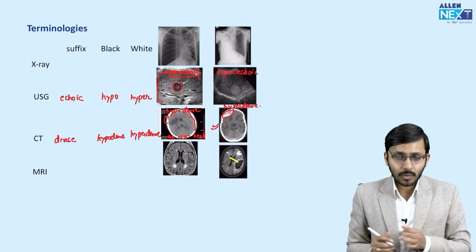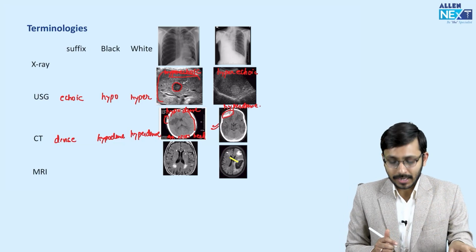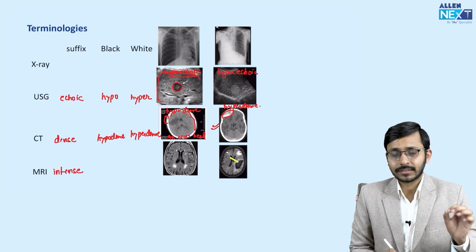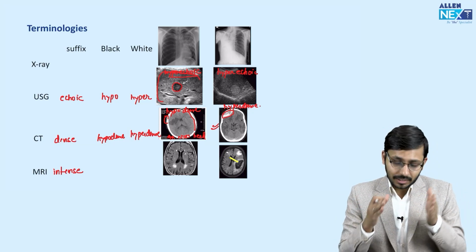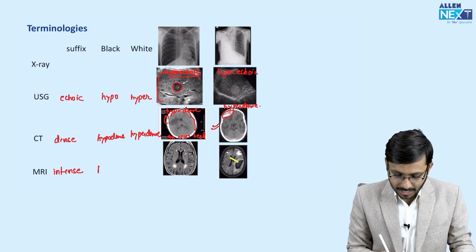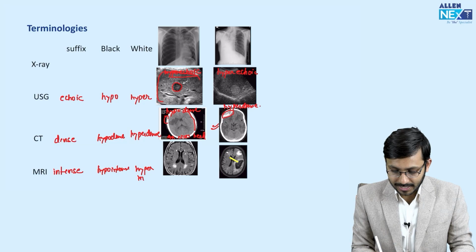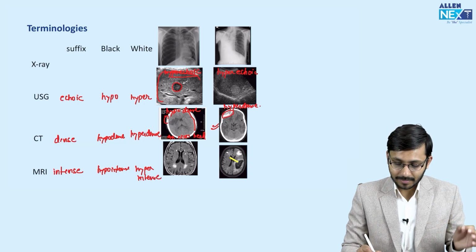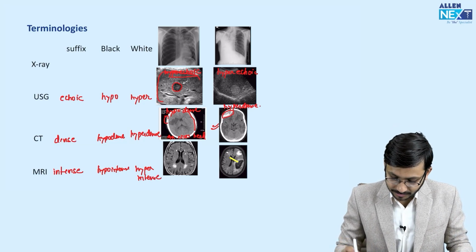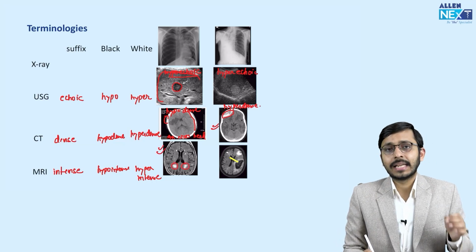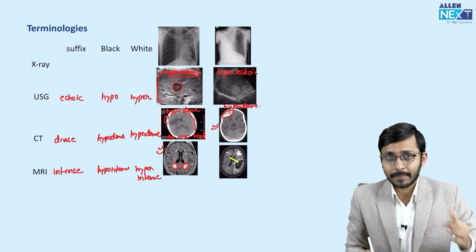Now what is the suffix we use in MRI? It is intense. Anything which is black on MRI will be hypointense, and bright, hyperintense. For example, in this image we see that there is a bright lesion in the brain as compared to the surrounding parenchyma.